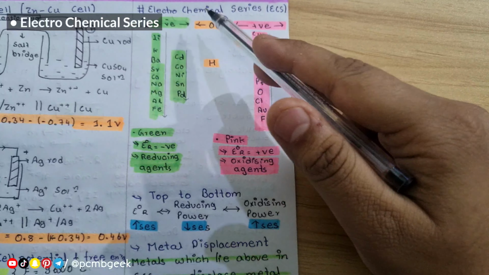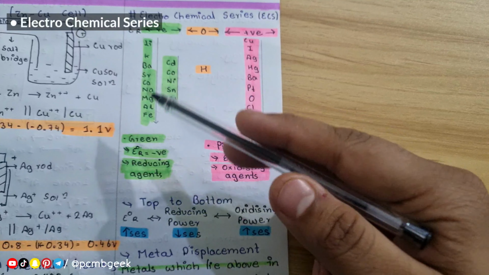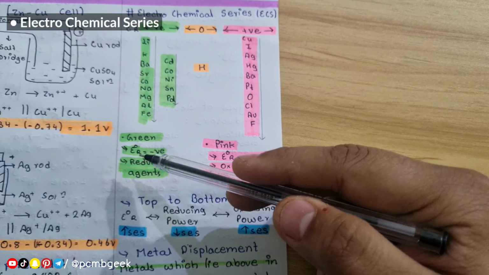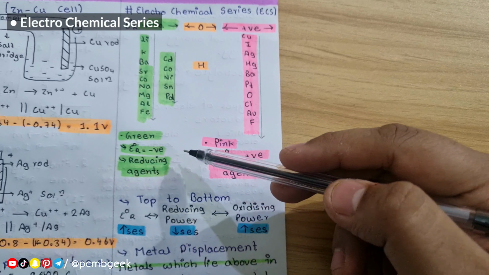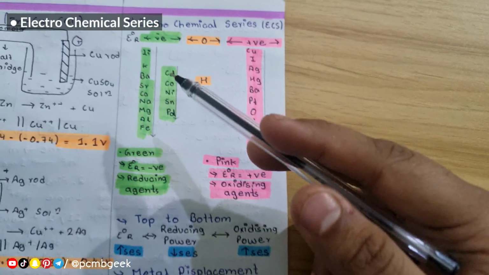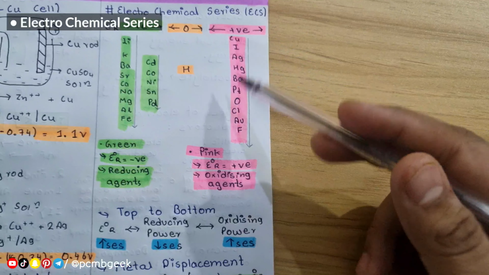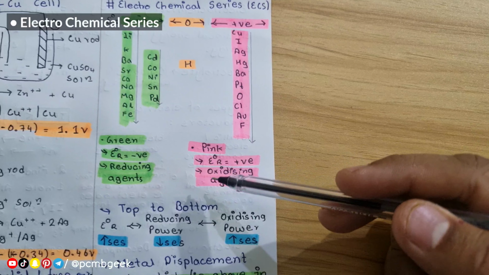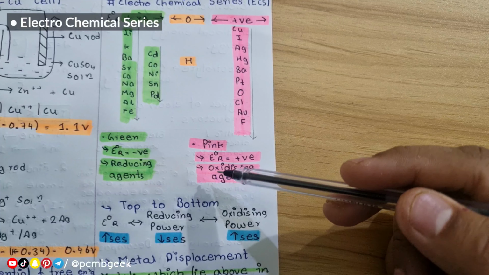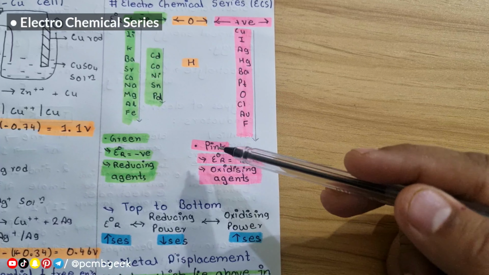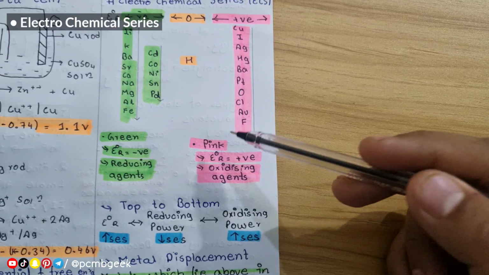Now here is electrochemical series, where the elements highlighted by green color have negative standard reduction potential. They are good reducing agents, as Li is the best reducing agent, and the elements highlighted by pink color are good oxidizing agents. They have positive standard reduction potential.